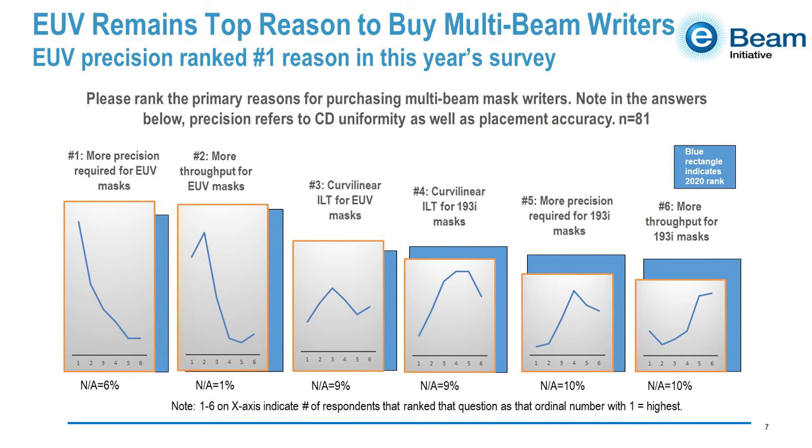The number one reason people say for multi-beam based mask writing is EUV, and then the number two reason is for curvilinear, and that's curvilinear for either EUV or 193i is what the luminaries seem to say. You haven't started production with EUV yet because you have all these other technologies that enable you to extend 193i.